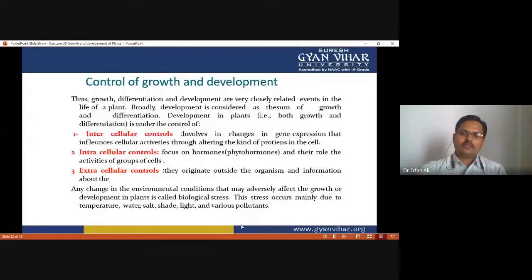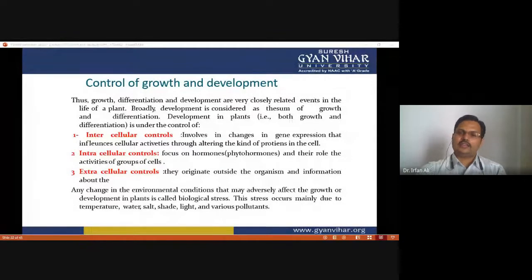And now we have to discuss the control of growth and development. The growth, differentiation, and development are very closely related events in the life of a plant. Broadly, development is considered as the sum of growth and differentiation.